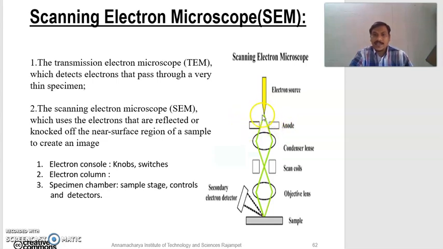Then the electrons are converted into a fine electron beam with high energy, and the electrons pass through the condenser lens. The condenser lens is a device which has copper coils. When current passes through the copper coils, a magnetic field is generated. The electron beam is sensitive to the magnetic field.